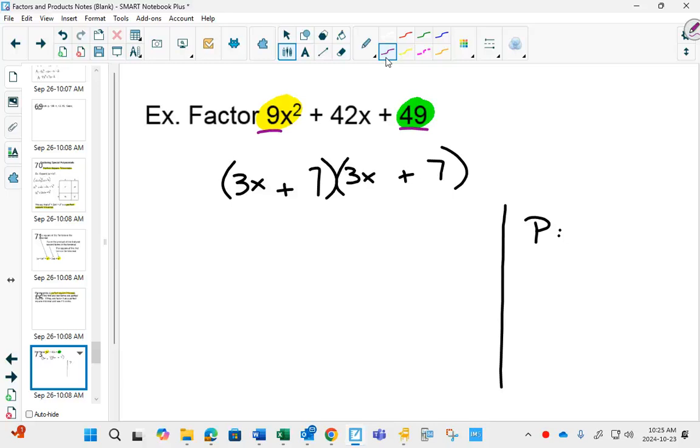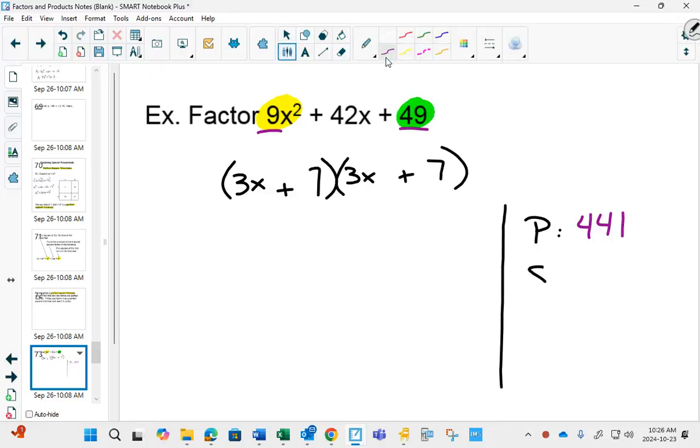Is that 441? What's 9 times 49? I'm going to go with 441. Which works out, 441. Perfect.